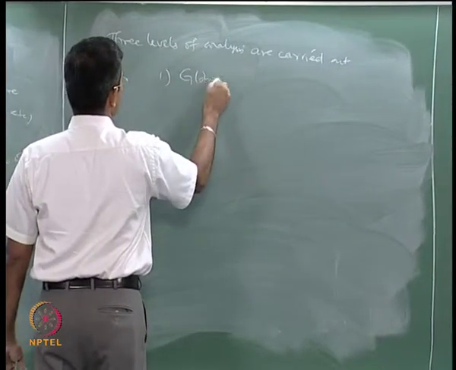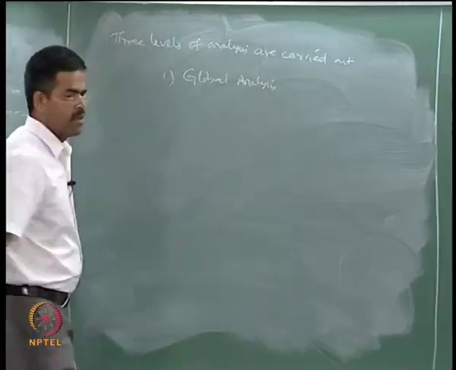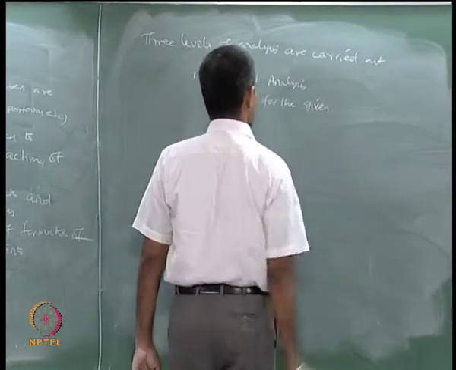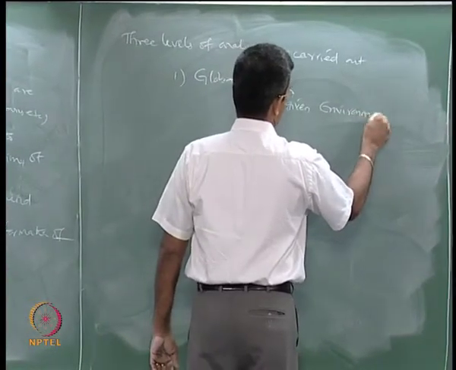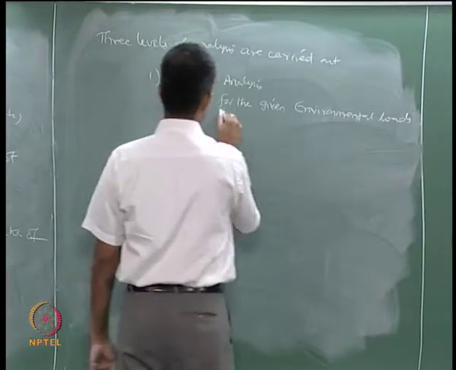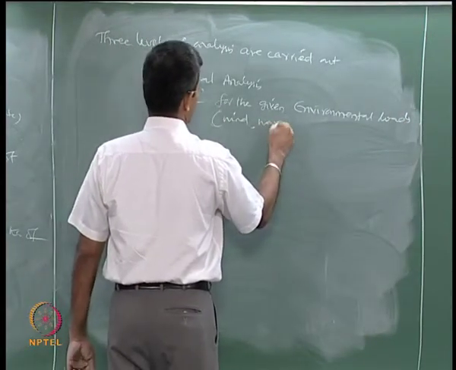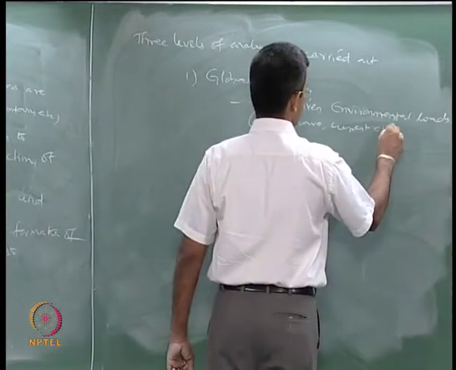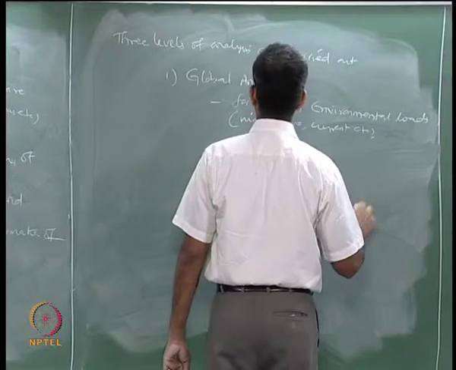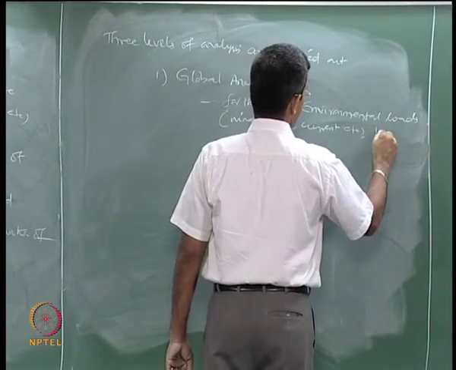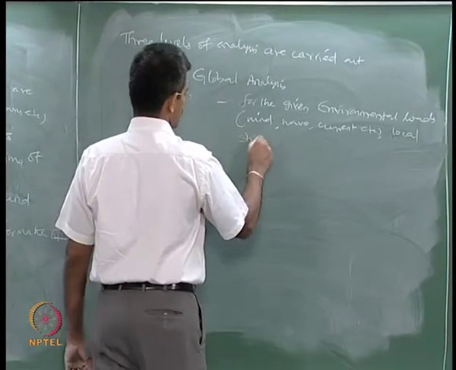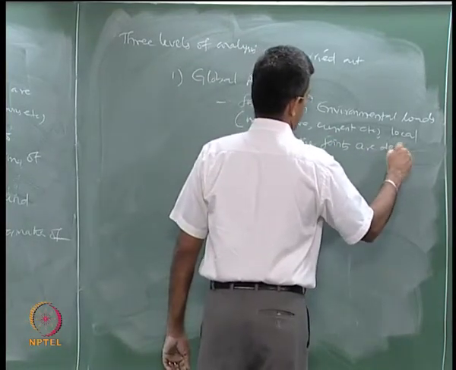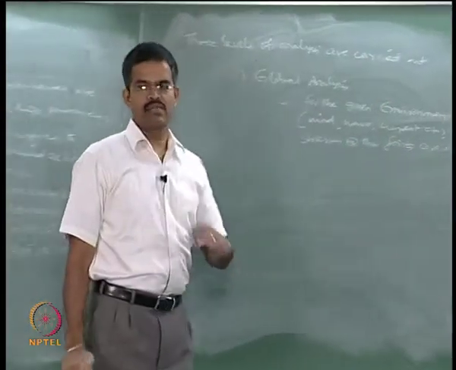One is what we call a global analysis, where for the given environmental loads that arise from wind, wave, current, etc., local stresses at the joints are determined. That is the first level analysis.